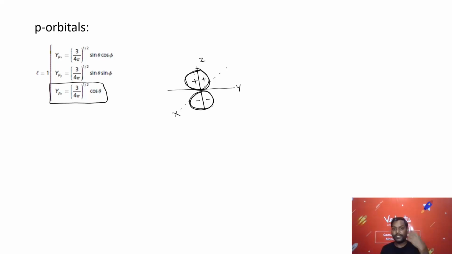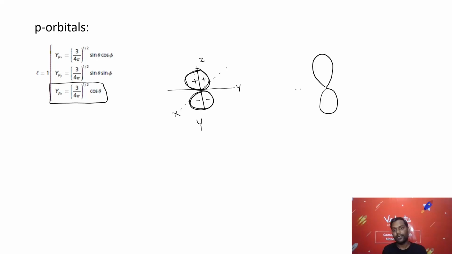This is the shape for the psi part, but the probability as per Born interpretation is represented by psi square. So when you square this, it becomes elongated and we get the actual shape that we see in the books for the pz.